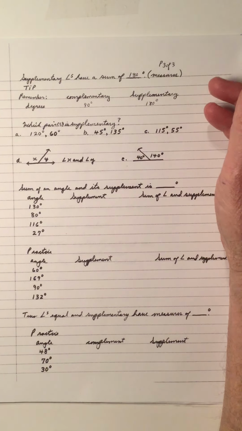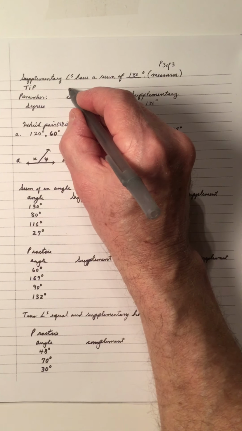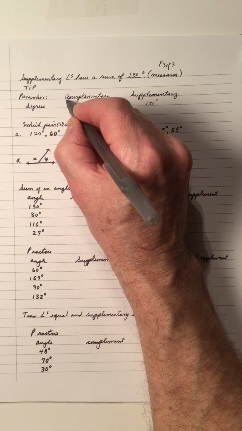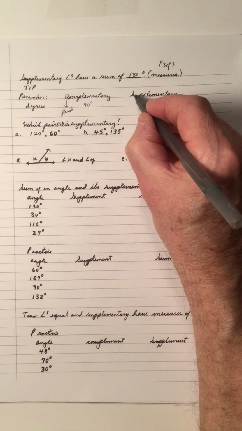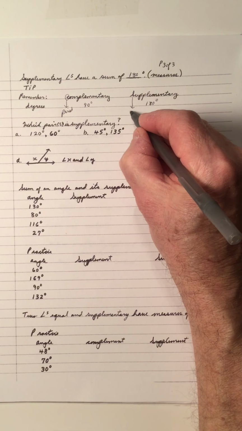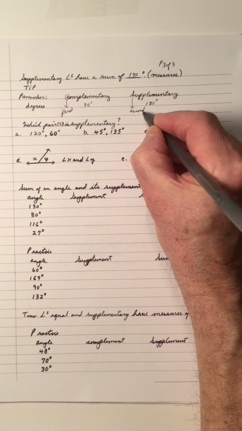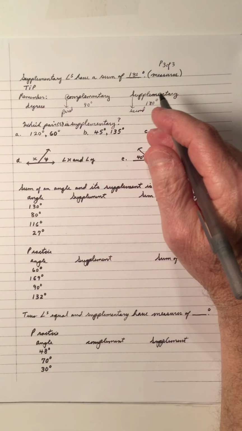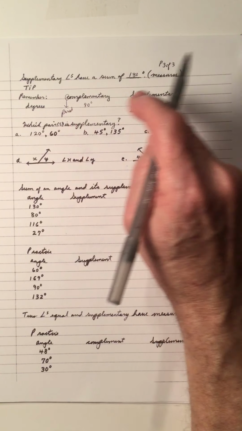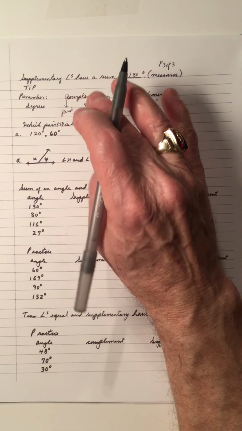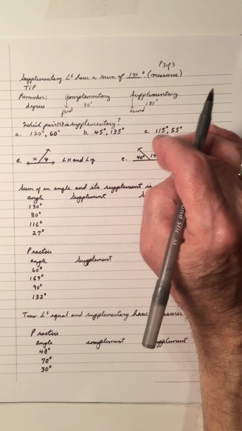Notice that in the alphabet, C is first and S is after. So what's first, 90 or 180? C is before S, 90 before 180. So complementary goes with 90, supplementary goes with 180.